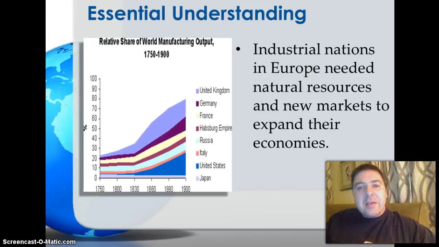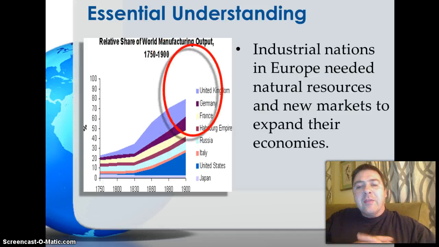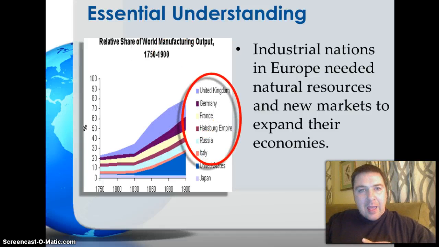We see here, for example, in this chart, when we take out the United States and Japan, and just focus on the Europeans, this graph shows us the share of world manufacturing output, the percent of products in the world being made in Europe.